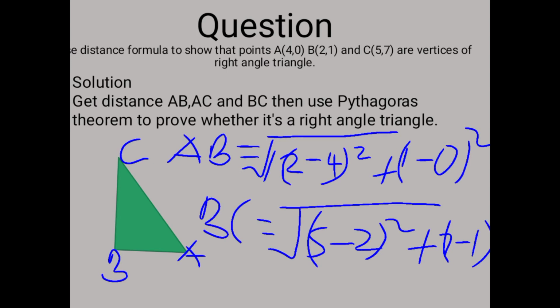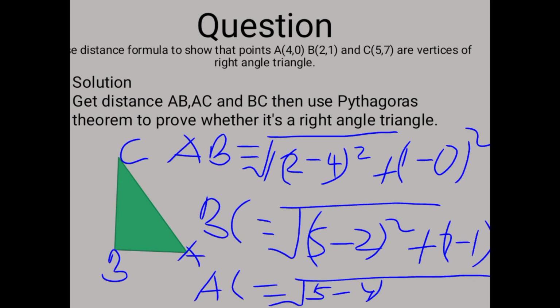We also come here and find distance AC, say that we get square root of 5 minus 4 squared plus 7 minus 0 squared, we get root 50.